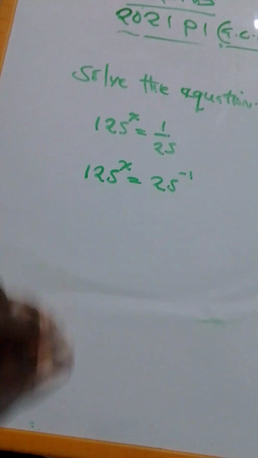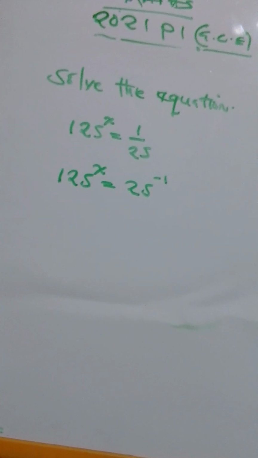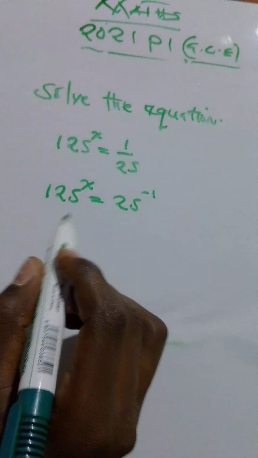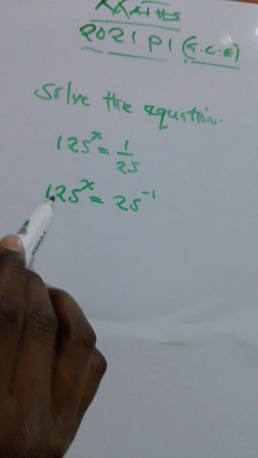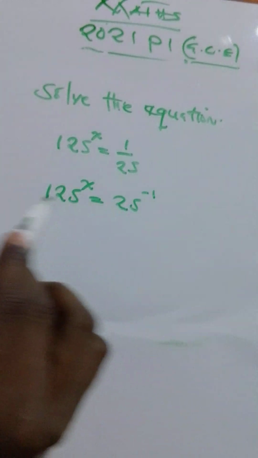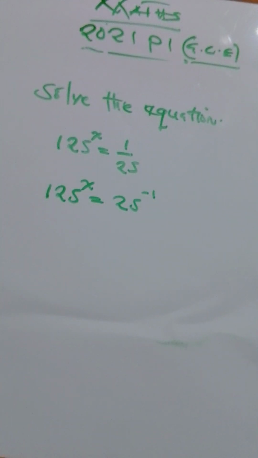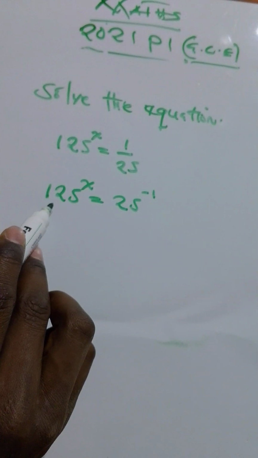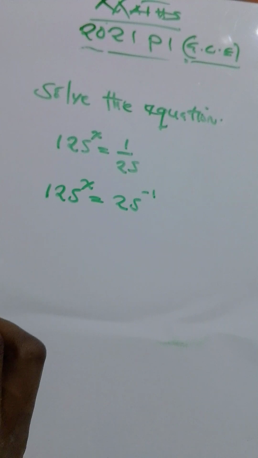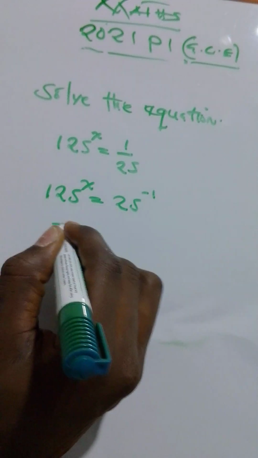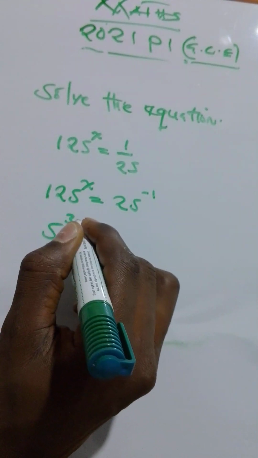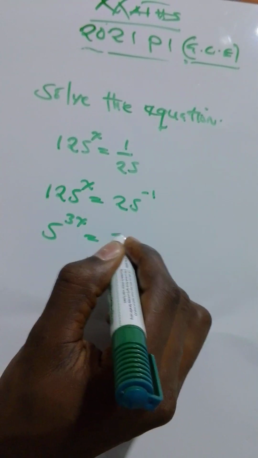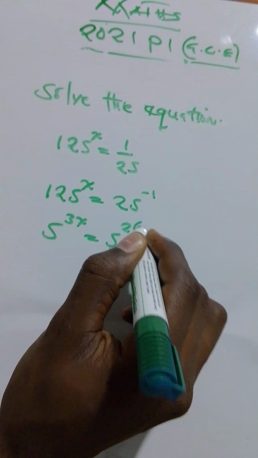So now to answer our question, we'll find a number which will help us to have these numbers to have same bases or equal bases. So we know that if you multiply 5 3 times, you're going to get 125. So we'll say 5 to the power 3, then this x is equal to, then 5 to the power 2, then you have negative 1 there.